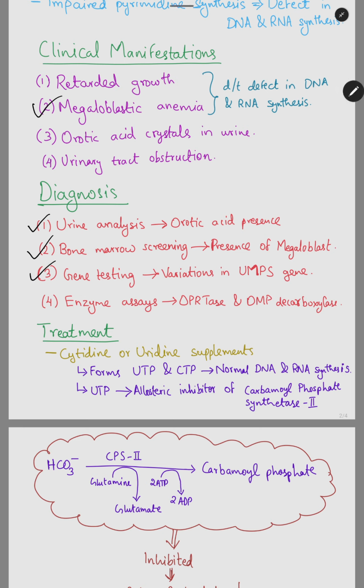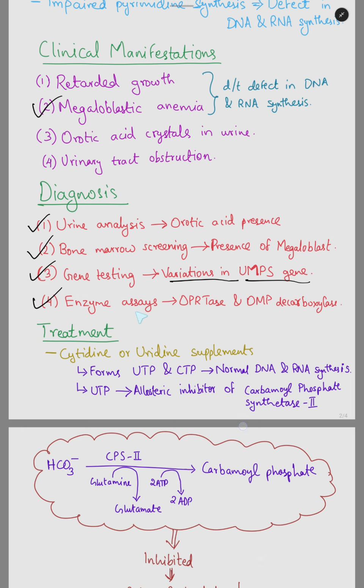It is to check if there are any variations in the UMPS gene, that is uridine monophosphate synthase gene, the gene which is responsible for the enzymatic activity of UMPS. So that is gene testing. Fourth one is enzyme assays, that is to check if the OPRTase and OMP decarboxylase are deficient in the body.